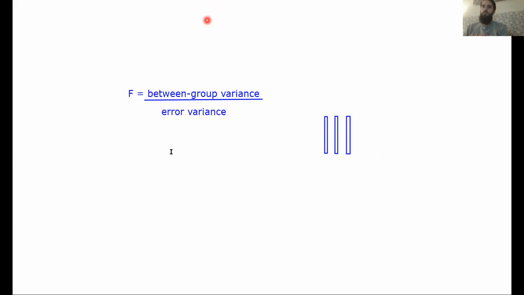Because really what I'm trying to point out, if there's no between group variance, then between group variance is 0.